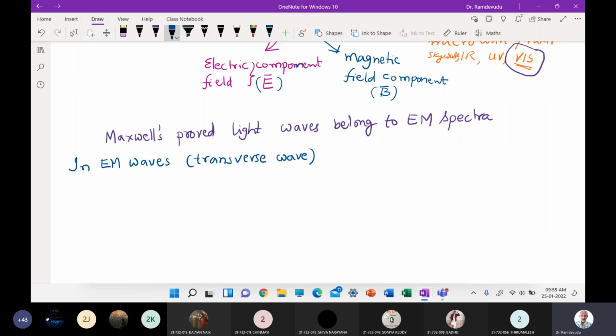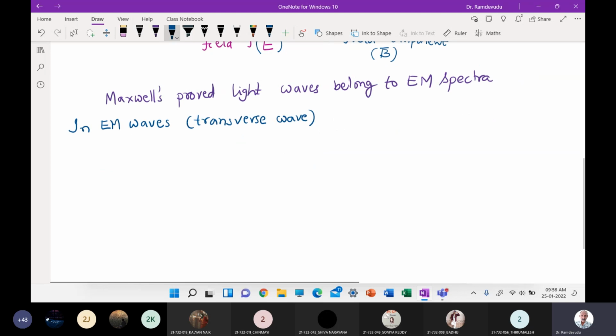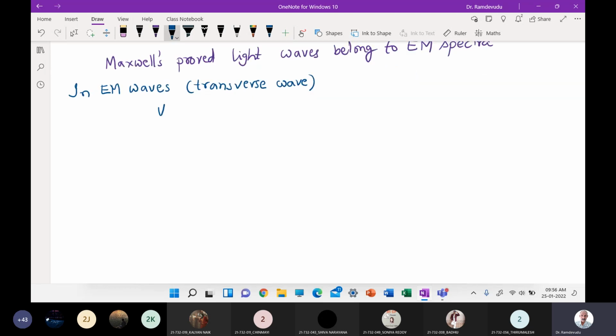Therefore, in EM waves, which we call transverse waves, there are two important things you have to remember. One, the vibrations of the E vector and B vector must be perpendicular to the direction of propagation.